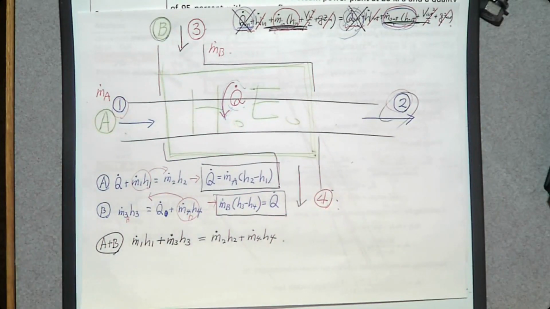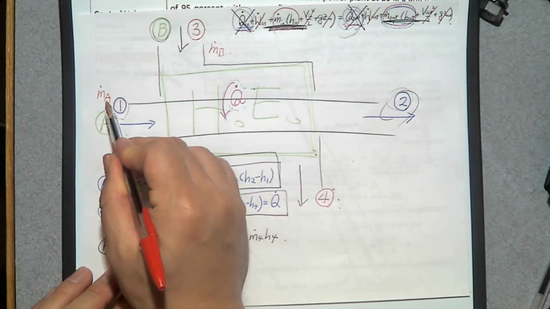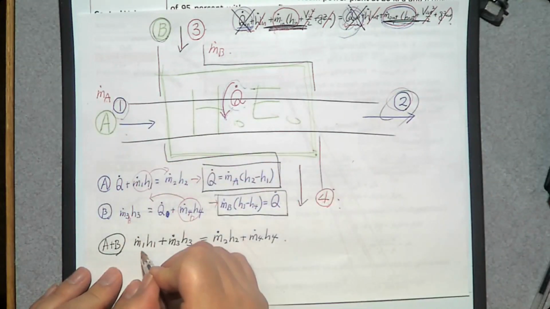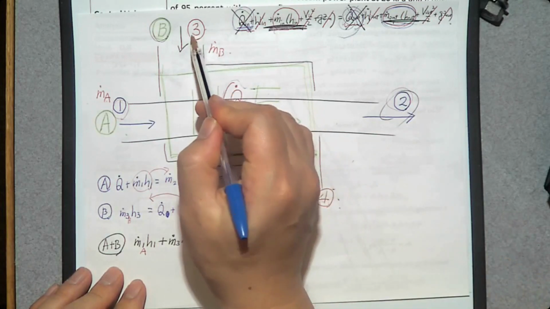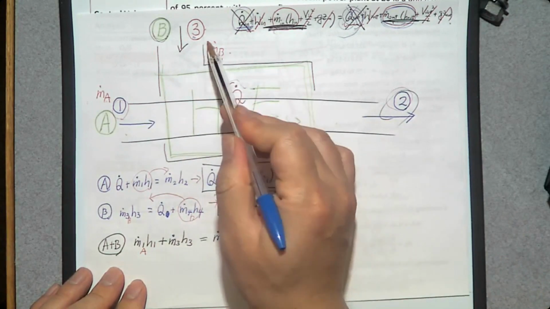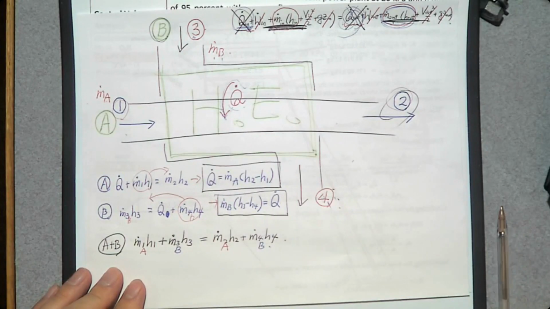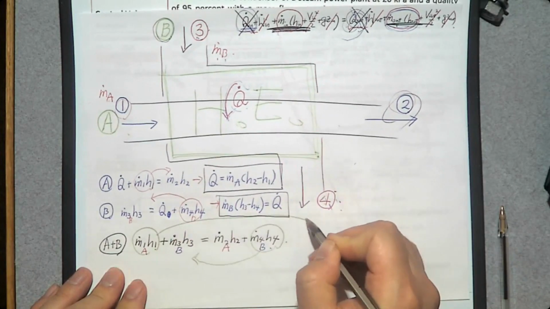Then let's simplify this equation. m dot 1 is the same as m dot A, and m dot 2 is also m dot A. m dot 3 is the same as m dot B, and m dot 4 is also m dot B. So why don't we move this one to the left-hand side and this one to the right-hand side?